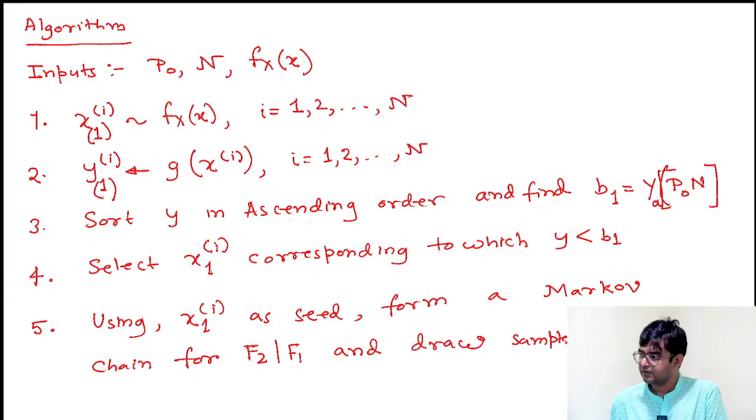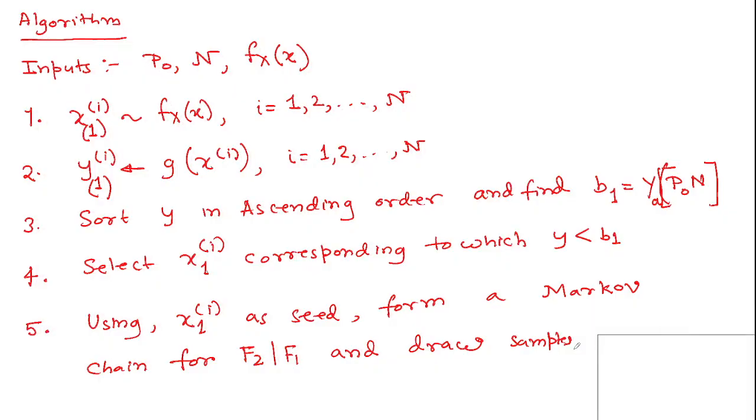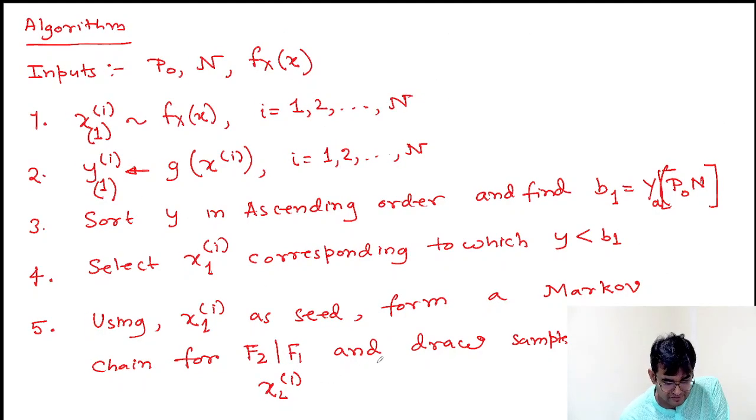Okay. These samples correspond to which event? f2 given f1. These samples should not correspond to f1. So this is like my level 2. So now I will write x2i. Right? And these are coming from which distribution? f of x given f1.